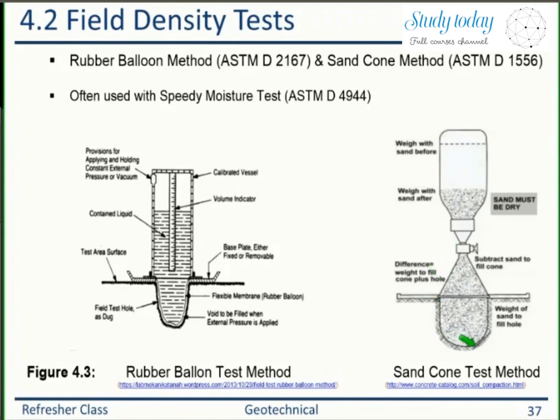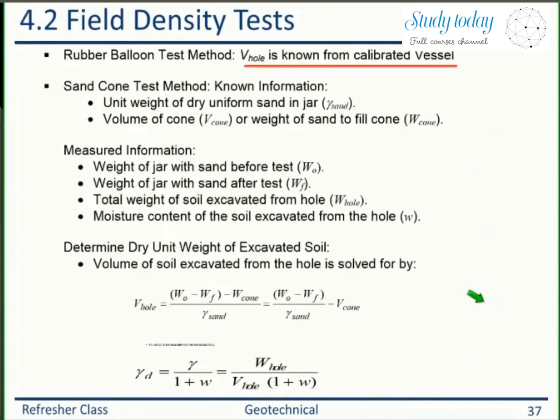Since this is known, you can calculate the quantity in this hole, and from there the volume of the hole. In this test, your job is to calculate the volume of the hole, because that volume will give you the gamma D from the field, and you have the gamma D from the lab. Then you can compare them so that you can tell the percentage of compaction in the field.